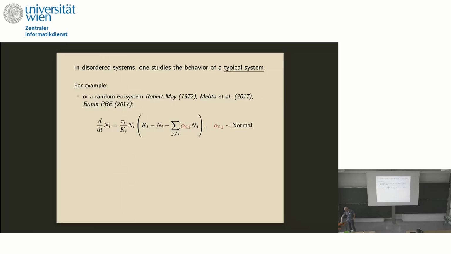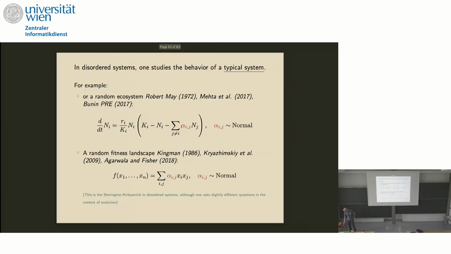Actually, this is a reduction of a consumer resource model to more of a Lotka-Volterra model, but that's a bit beside the point. So what we would do is, instead of trying to find some values of these alphas, because we know they're all over the place in real life, we don't know what they are, we just take them to be normally distributed. This is an idea inherited from physical disordered systems.